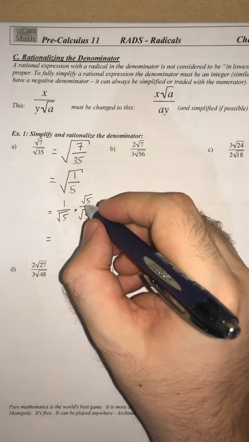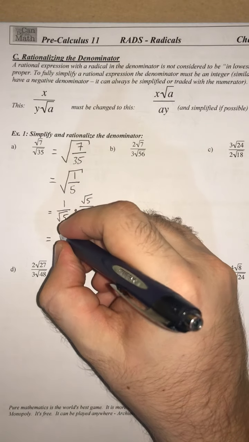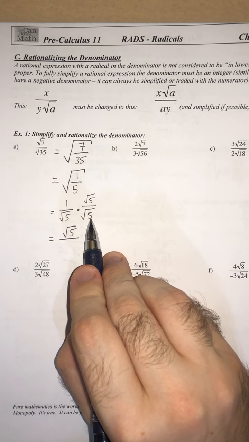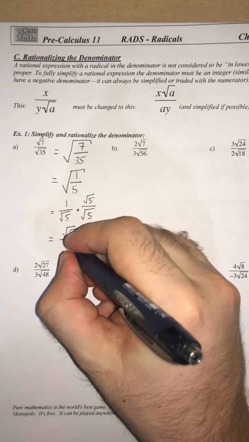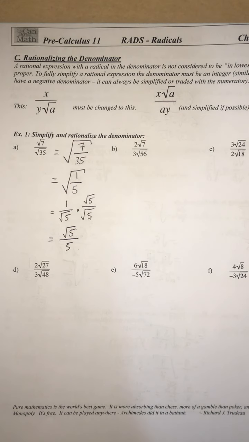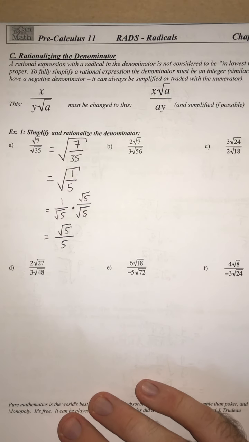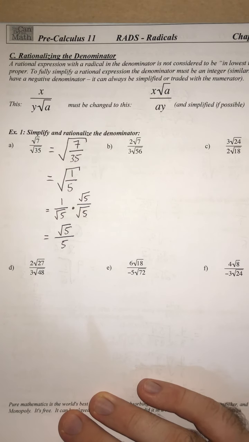Now I can multiply the top: I get root 5 over root 5 times root 5, which is just root 5 squared, which is 5. So this now eliminates the square root in the denominator. We don't want that, so we're going to have this. And that's the gist of section C.